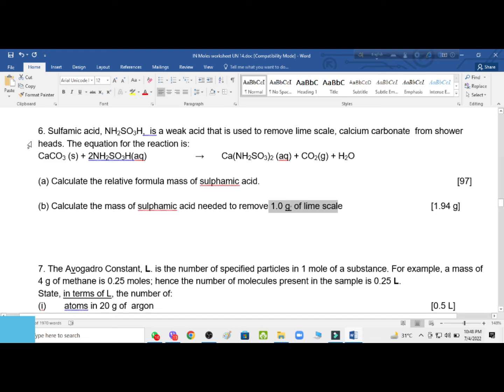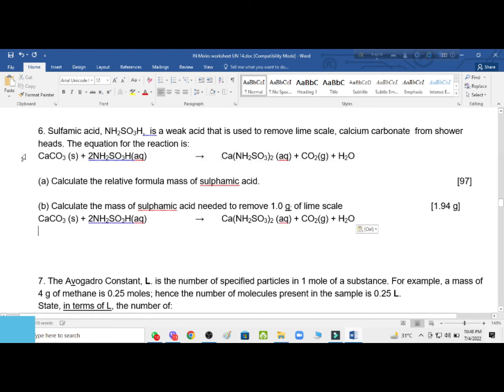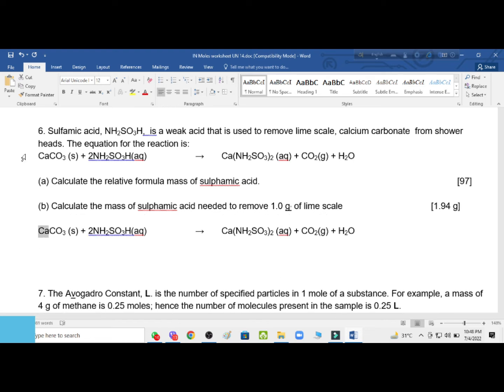1 gram of lime scale. Get here, copy again. As per the question, this is lime scale, this is 1 gram, right? And the question says what mass of this will be required. Okay, so very simple. First we need to calculate here calcium carbonate.